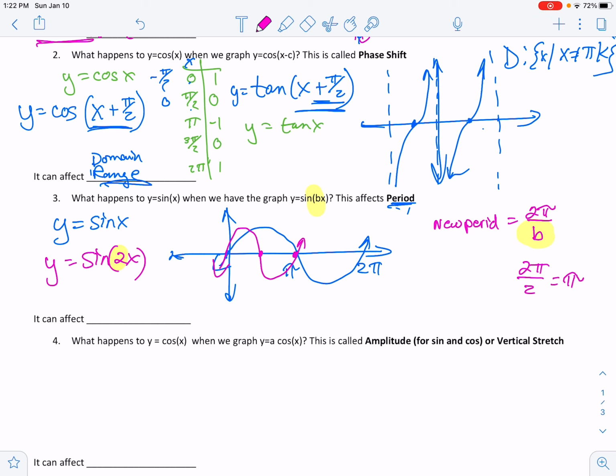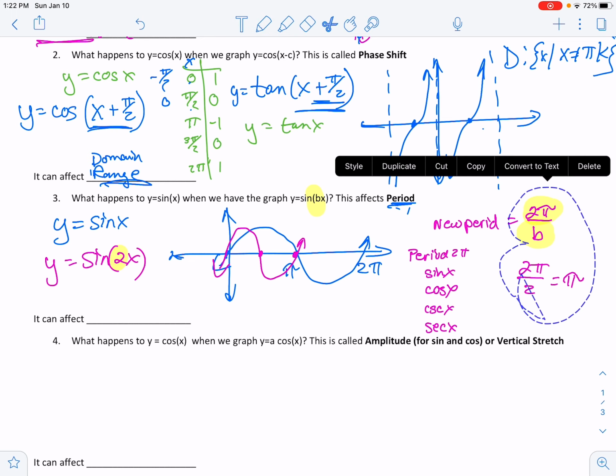Now, things to keep in mind. Which trig functions have a period of 2 pi? The period of 2 pi is sine, cosine, cosecant, and secant. Those are 2 pi.